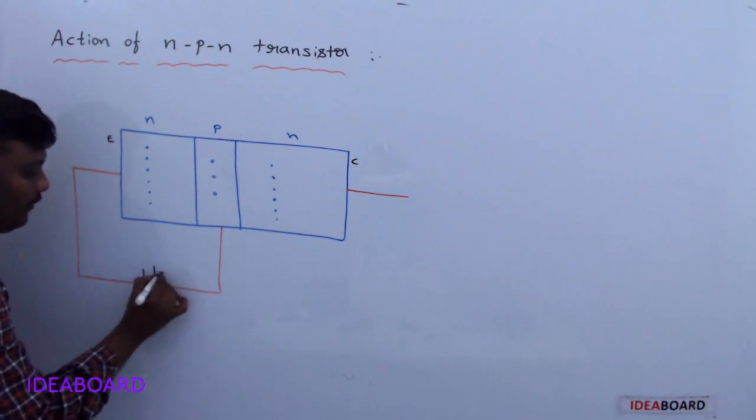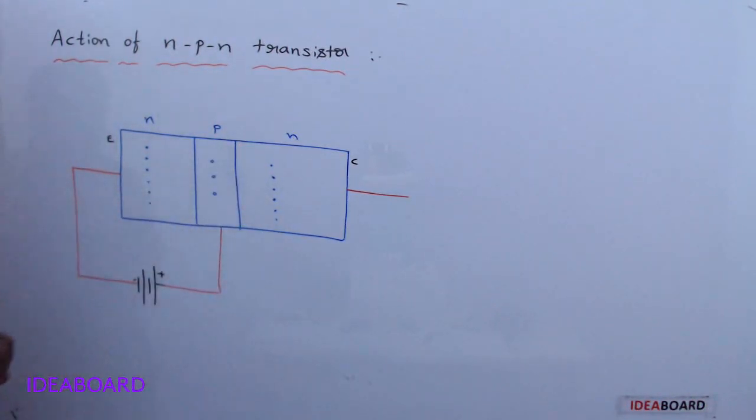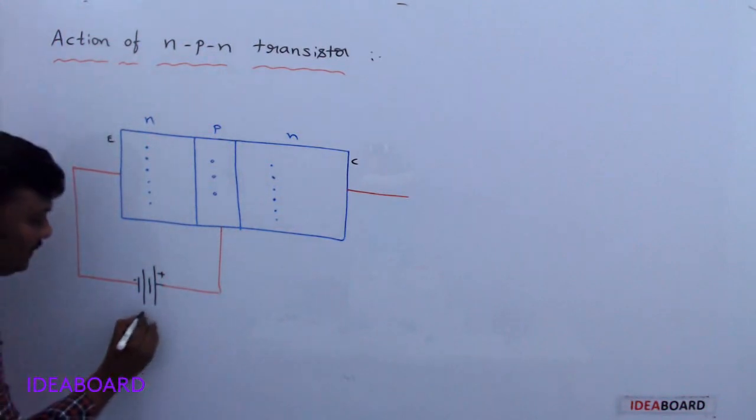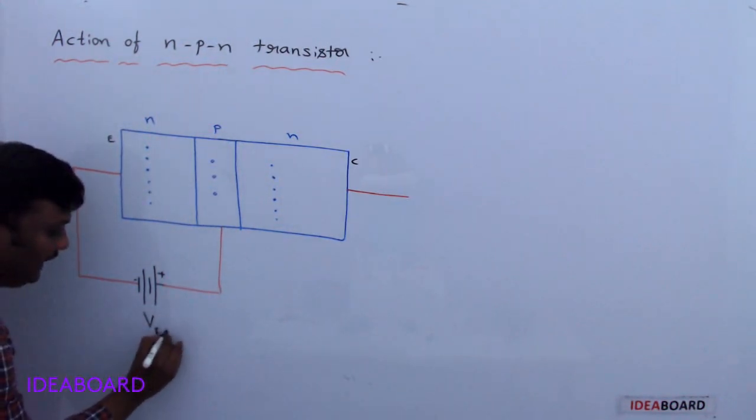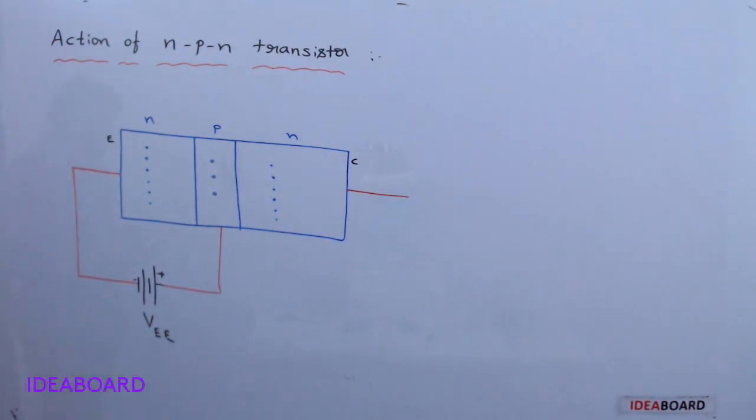So the positive terminal of the battery is connected to the base region. This is called VEE, the voltage of the battery connected to the emitter.